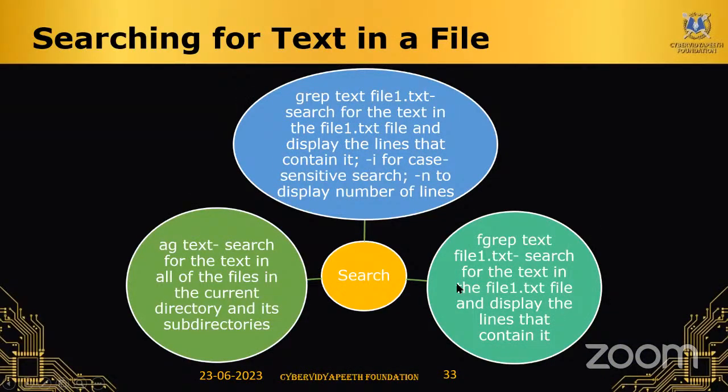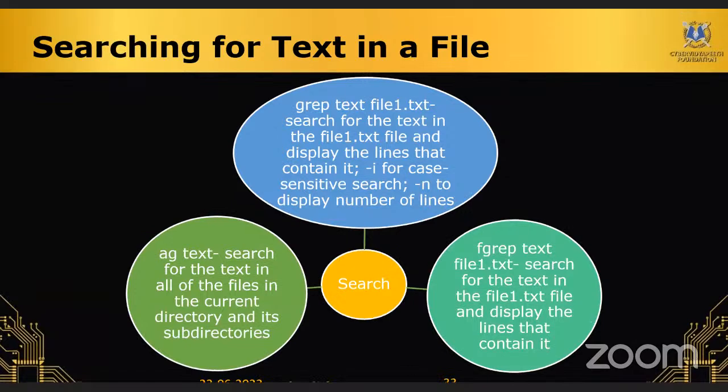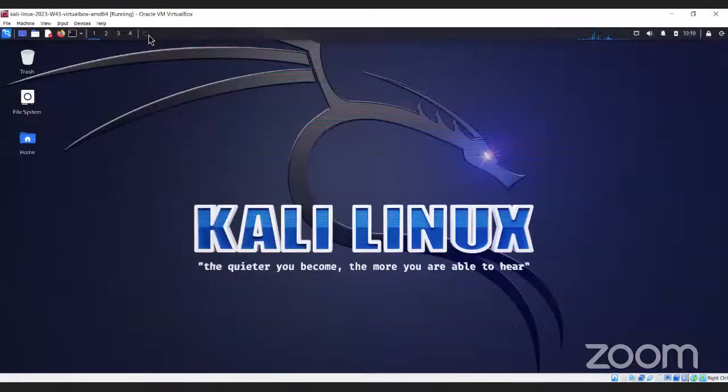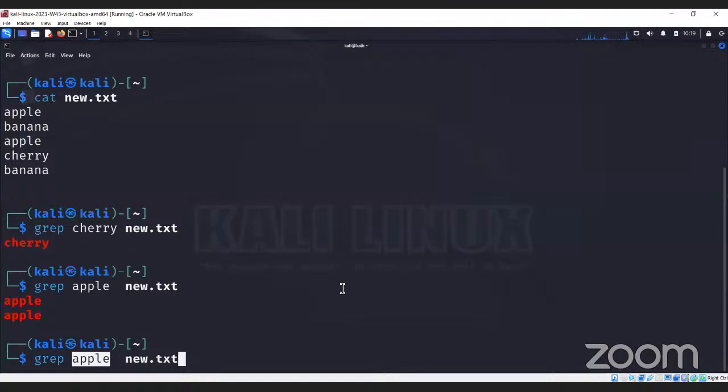In the grep command we have multiple options. Let me show you. Let's suppose we have to search apple in multiple files. For that we will type grep, then the text we want to search, then we will provide the files in which we want to search for that text.